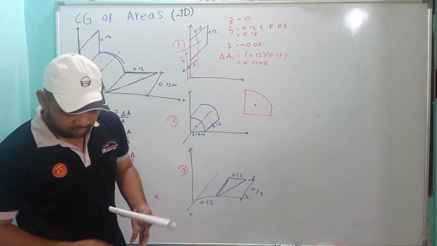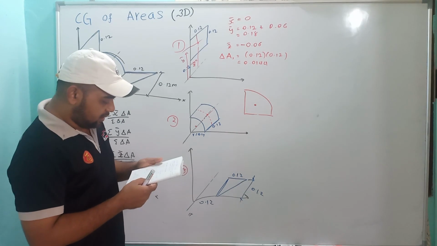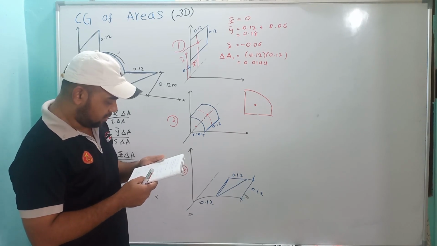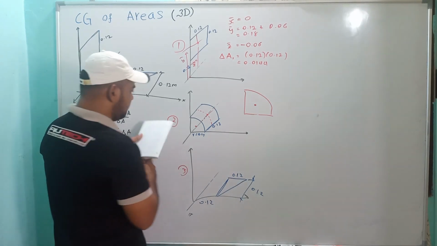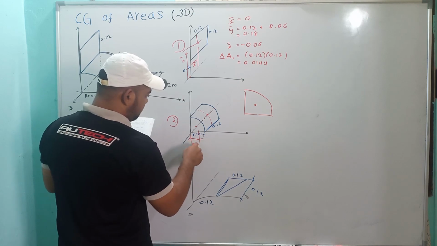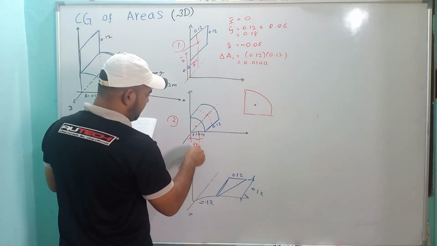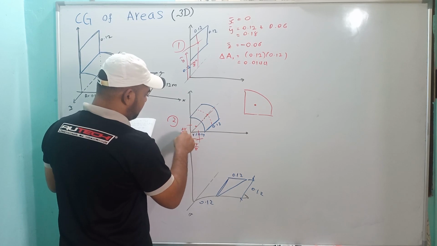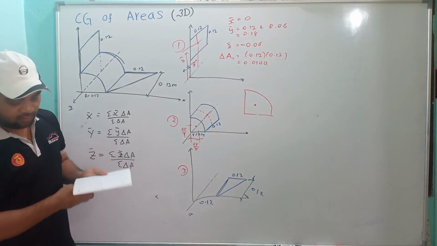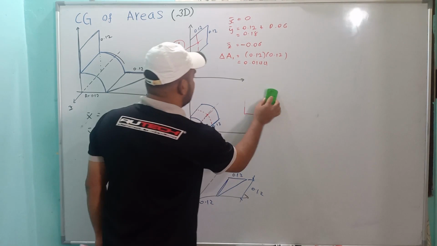So I will put it there. This is 2r/5, and here is 2r/pi. So we go one by one.